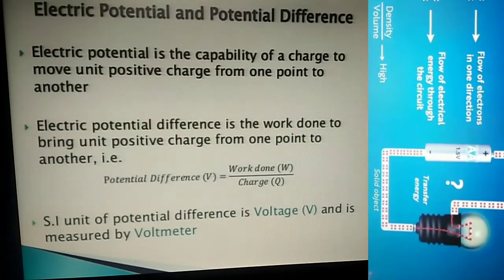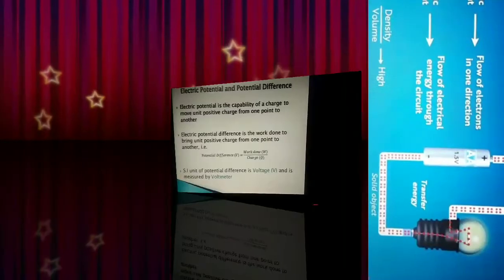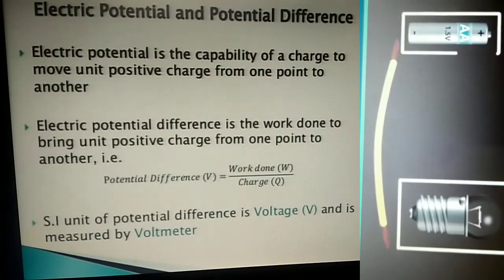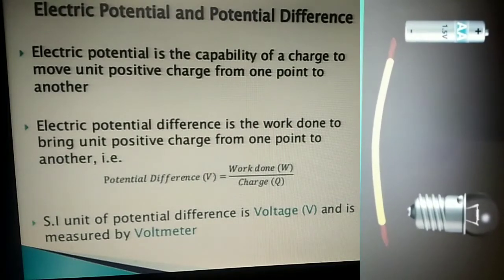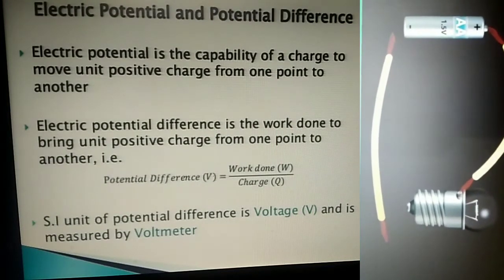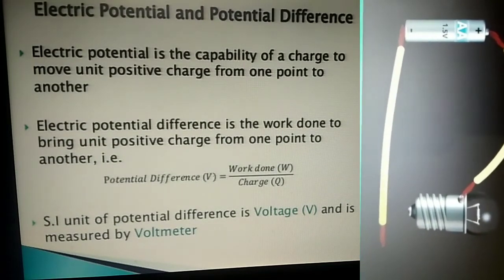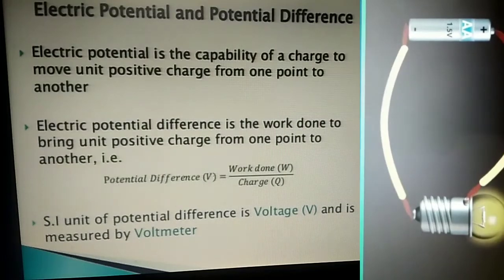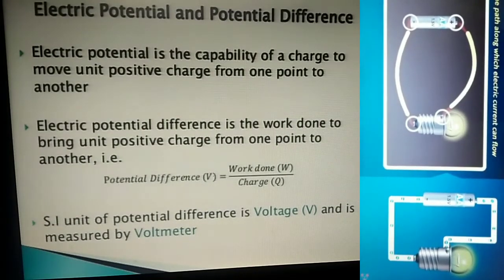What is electrical potential and potential difference? Electric potential is the capability of bringing a charge from infinity to the required point. What is electric potential difference? Electric potential difference is the work done to bring unit positive charge from one point of the conductor to another.